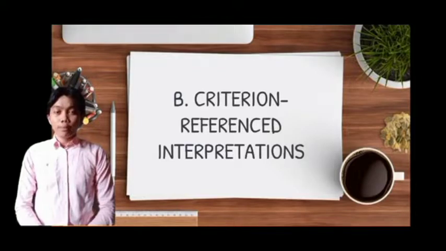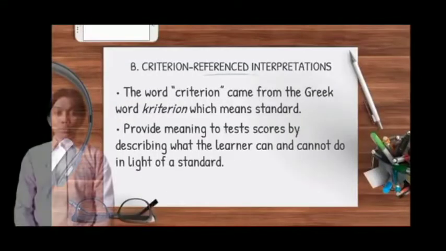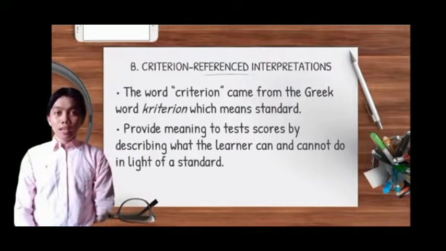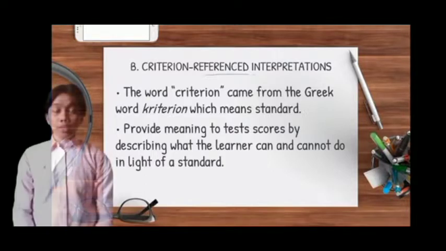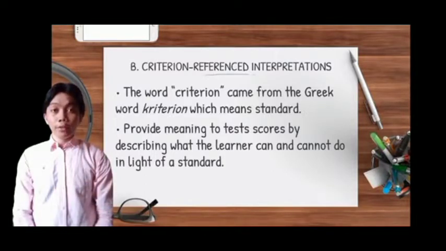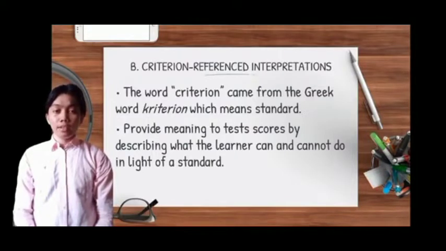At this point, I will be discussing criterion-referenced interpretations. The second type of test score interpretation is the criterion-referenced interpretation. The word criterion came from the Greek word criterion, which means standard.